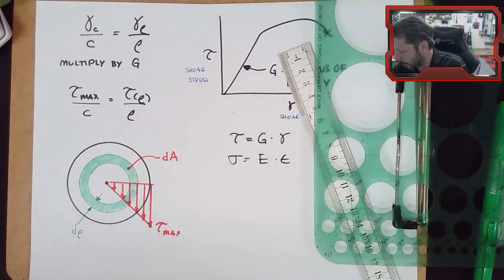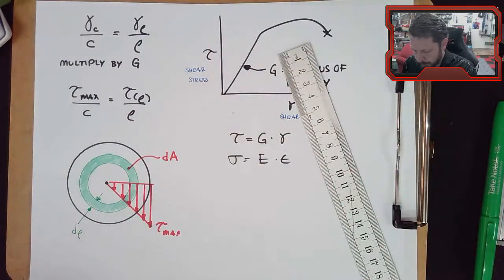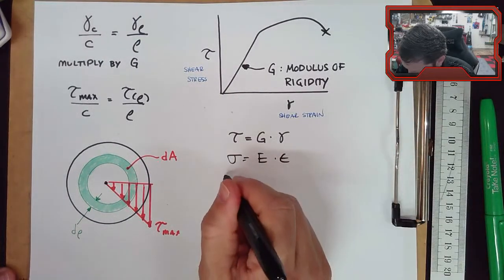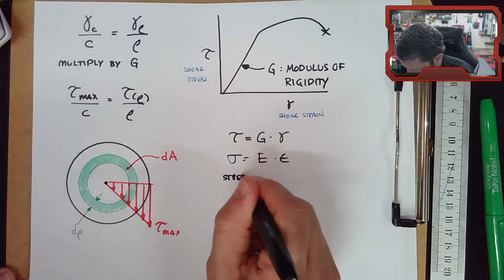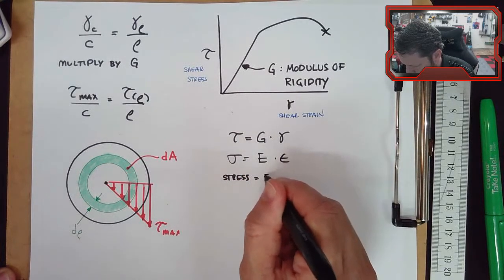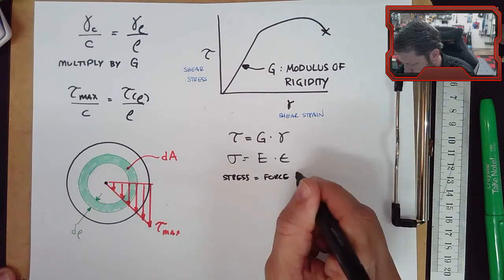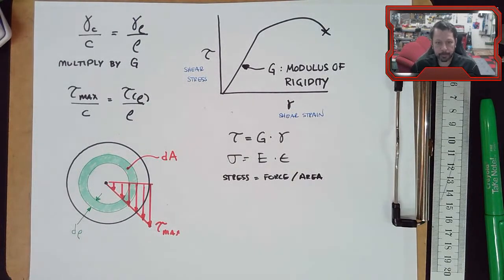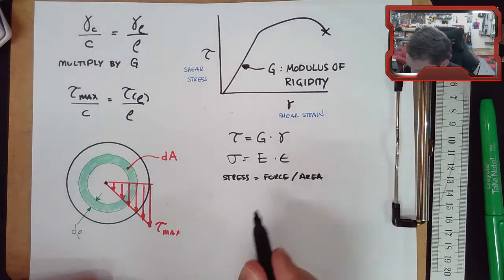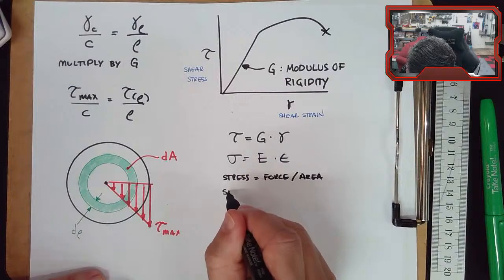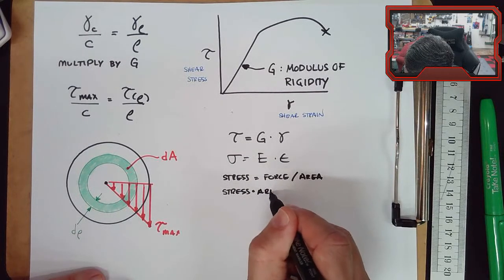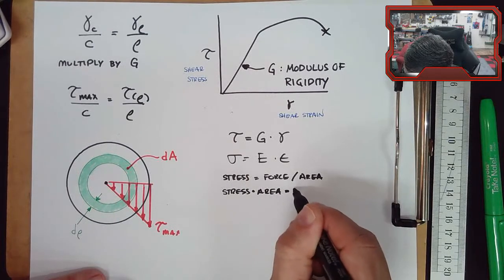So we have to remember a couple of things. We have to remember that in general, stress equals a force over the area that that force is applied to. So if that's true, I could rearrange this and say, well, stress times area must equal force.